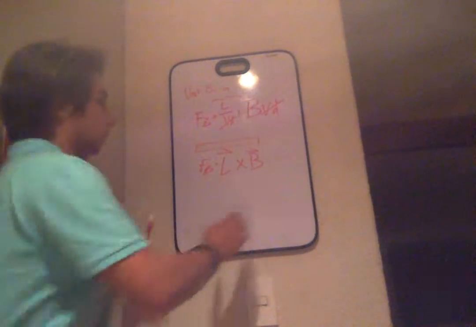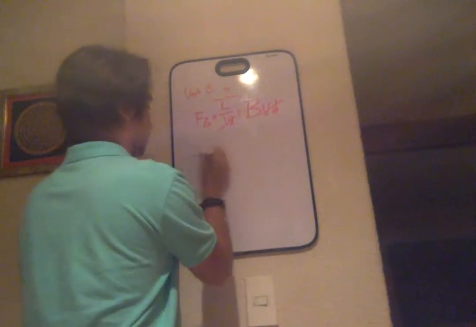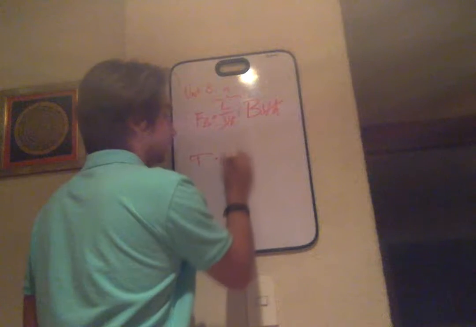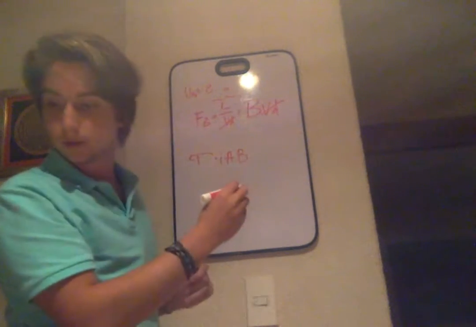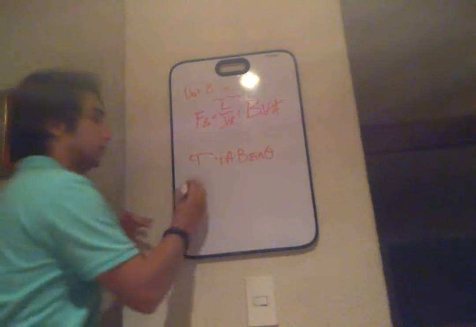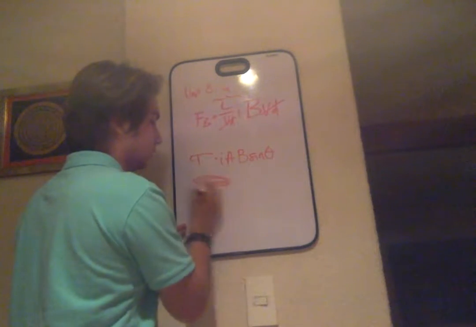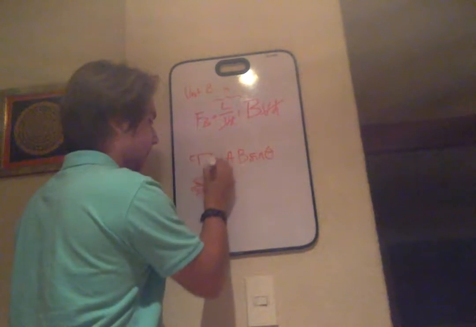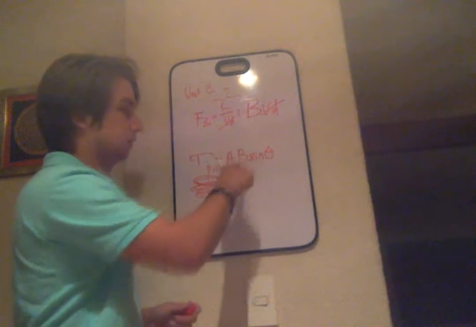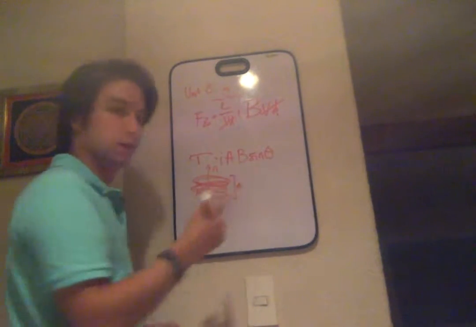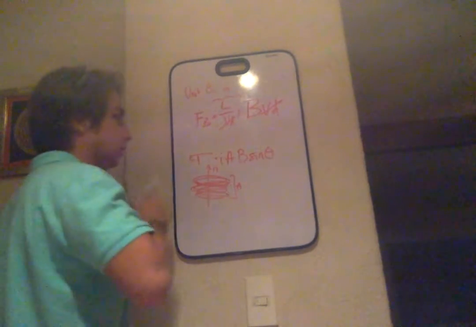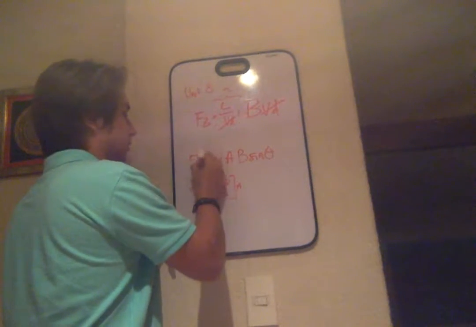And for that equation, the torque, we have the current times A times B times sine of theta, where A is the area, B is the magnetic field, I is the current of that spiral, and the angle here would be like this angle.